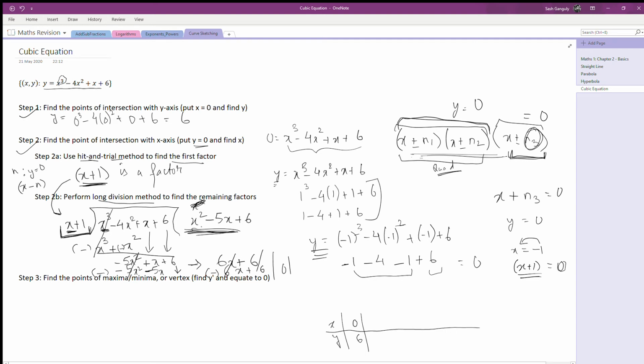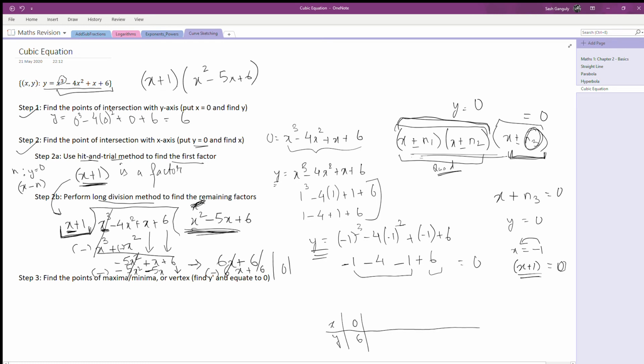Okay. So clearly my y, which is x cubed minus 4x squared plus x plus 6, is equal to a split of the first factor which we found out using hit and trial method, and the quotient of the long division method, which is x squared minus 5x plus 6.